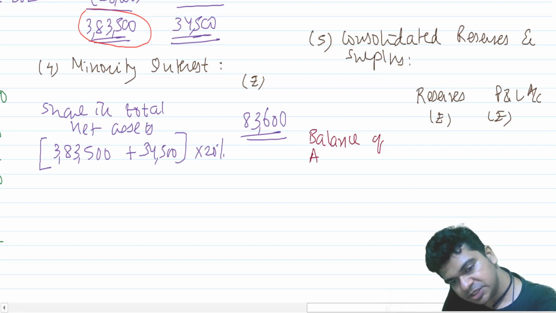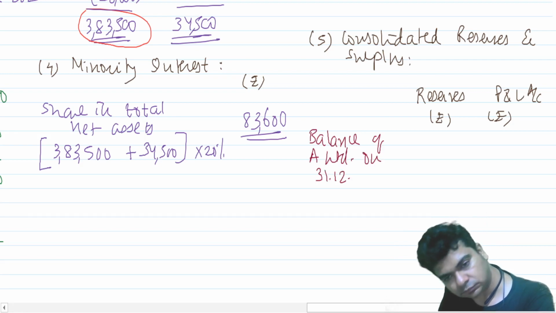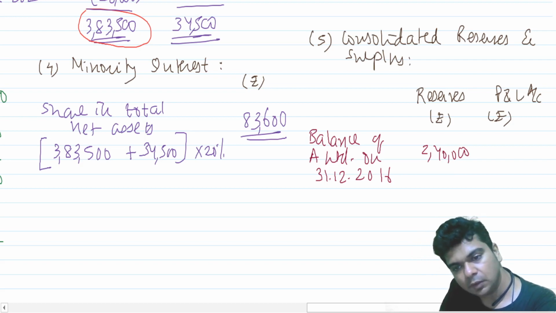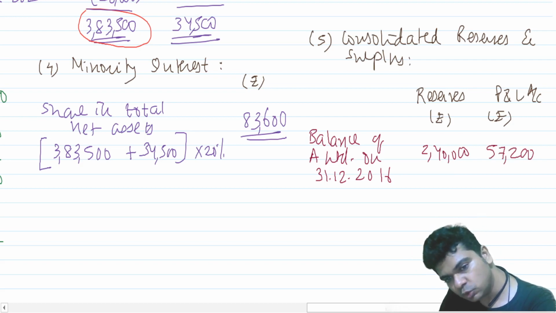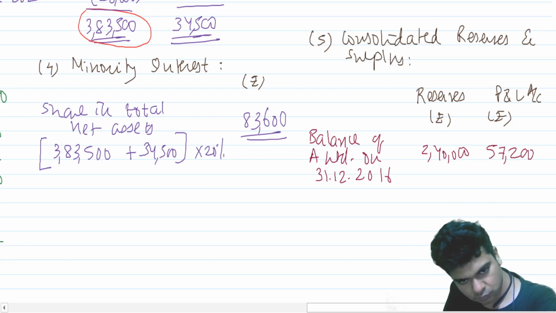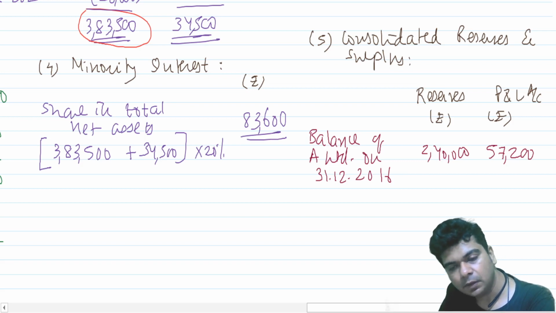Balance of A Limited on 31st December 2016. Take the question, 2,40,000, 57,200.